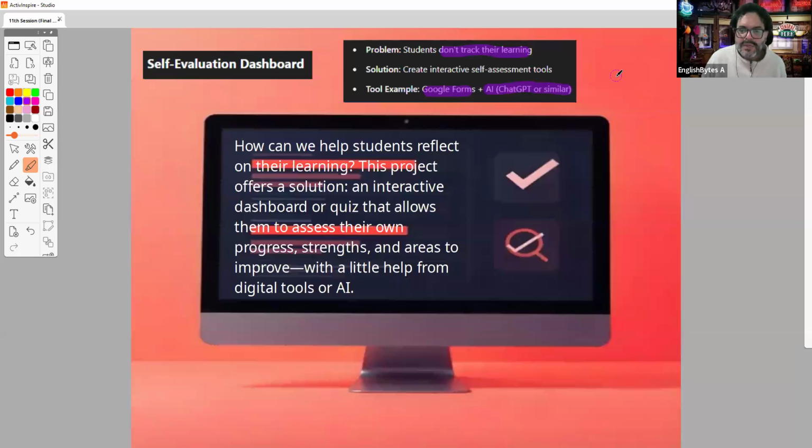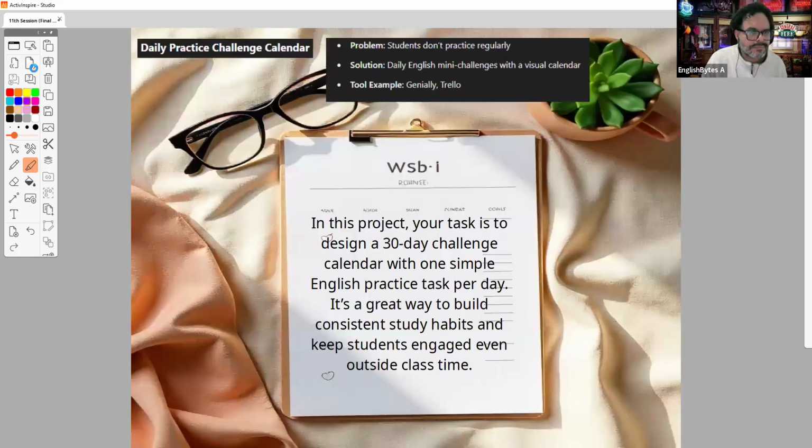It's a self-evaluation dashboard. And this is really easy to do, really easy to do, and really productive, to be honest. The last idea I'll give you is a daily practice challenge calendar.